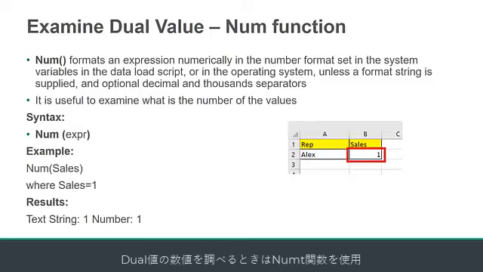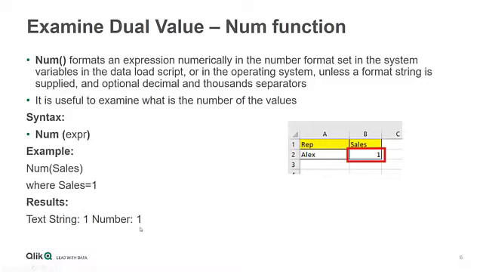For example, when we want to examine the numeric value of sales, we simply use num bracket sales. Then when sales is 1, the result will be a dual value, whose text string is 1 and number is 1.